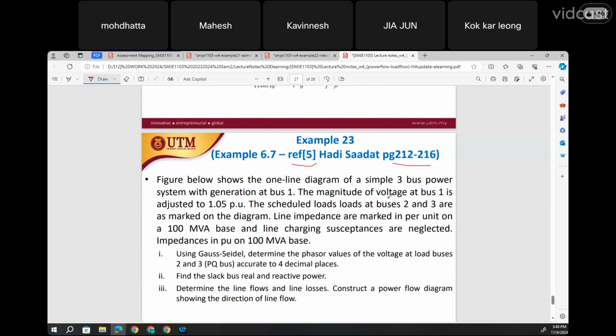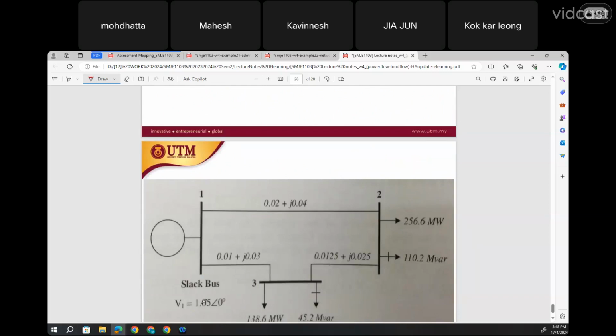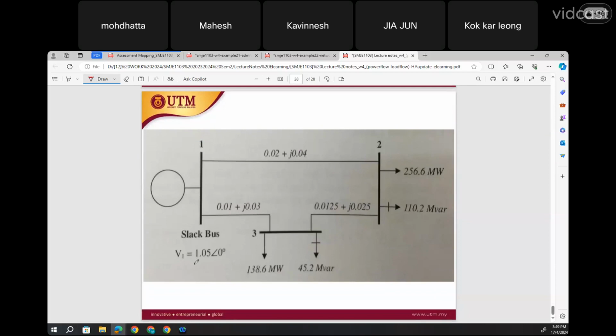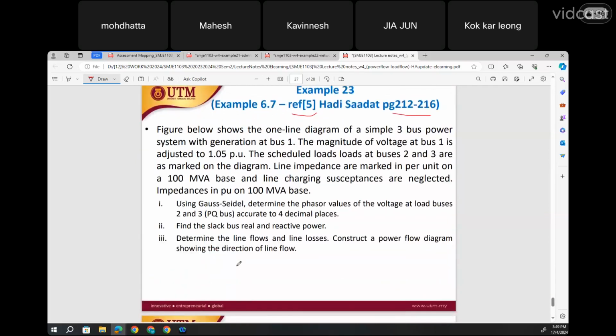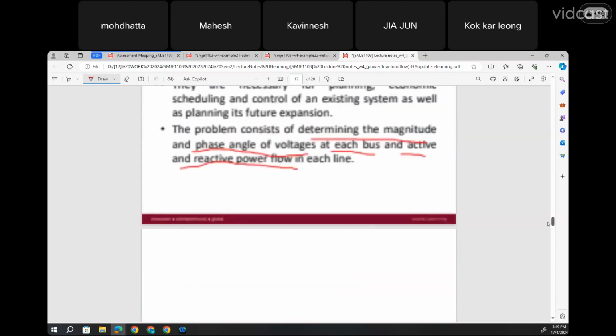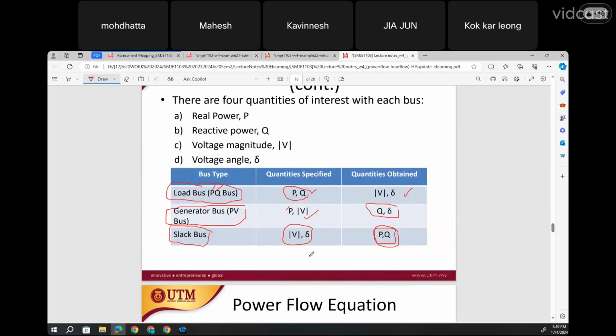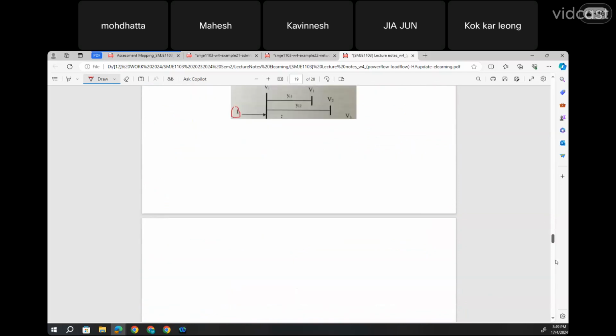The magnitude of voltage at bus 1 is adjusted to 1.05 per unit, meaning the voltage level over here is given as 1.05 with an angle of 0. So we have two pieces of information given: the voltage magnitude and the angle of the voltage, the same as what we expect earlier for the slack bus.